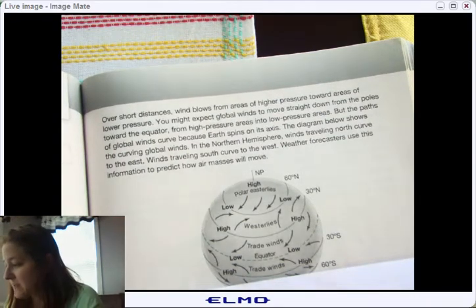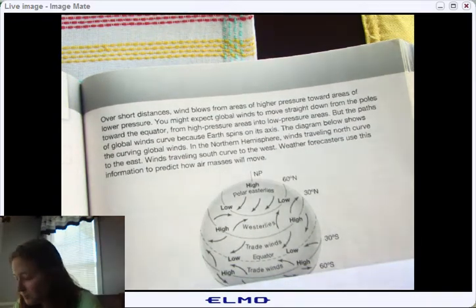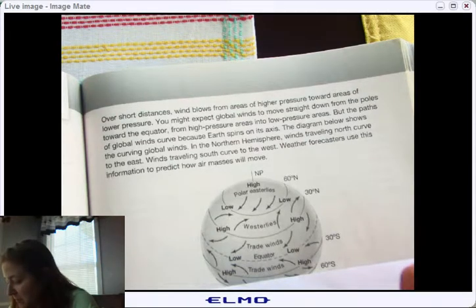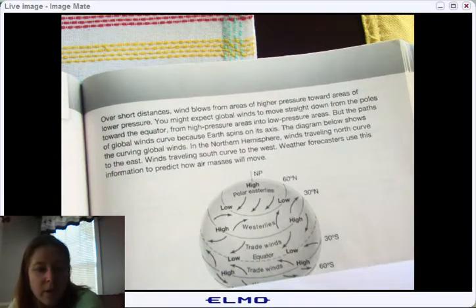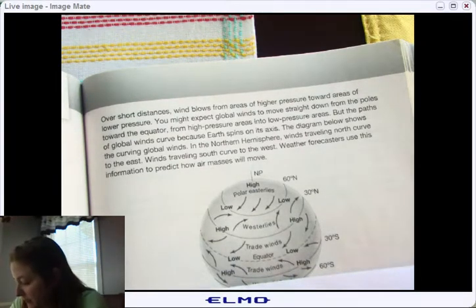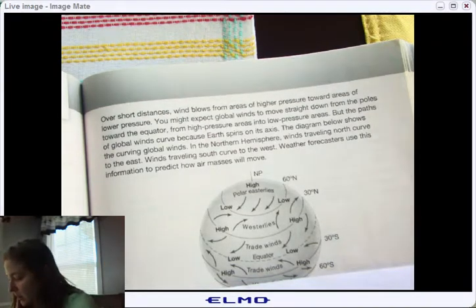Or your northern hemisphere, or whatever you want to write there. Making temperatures warmer near the blank and colder near the poles. Where is our warm area? Near the equator and colder near the poles.